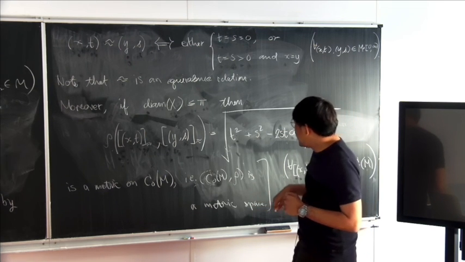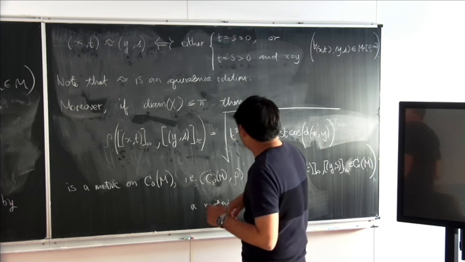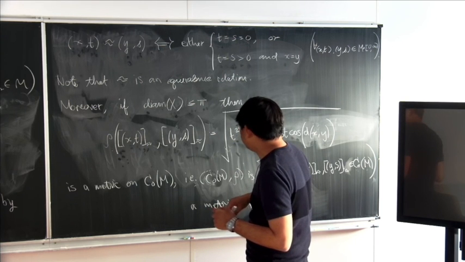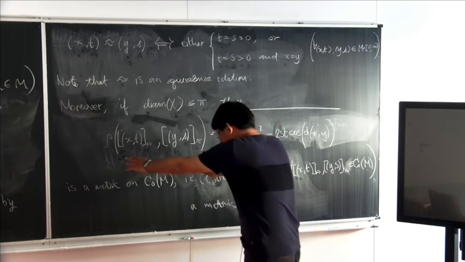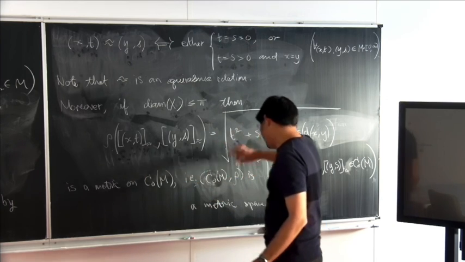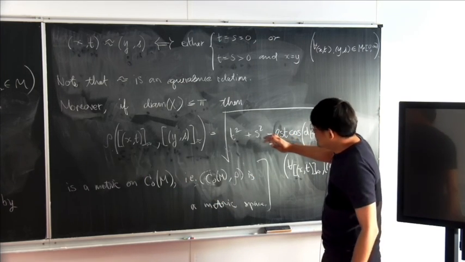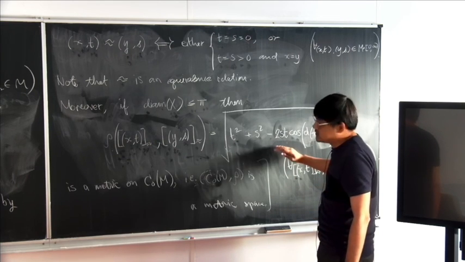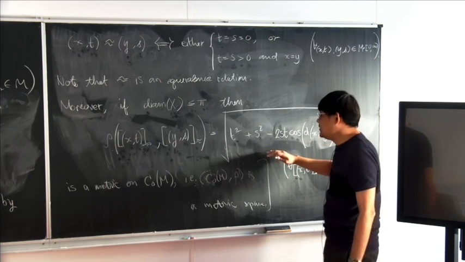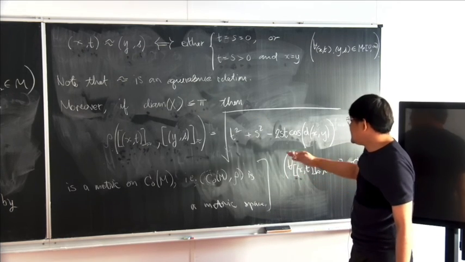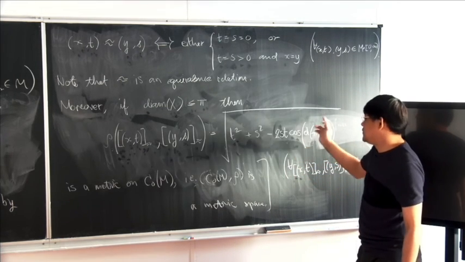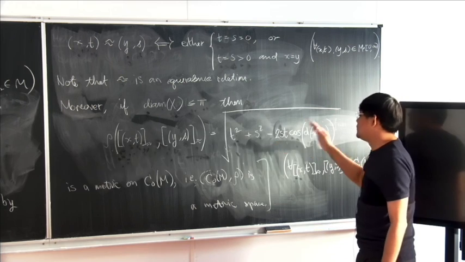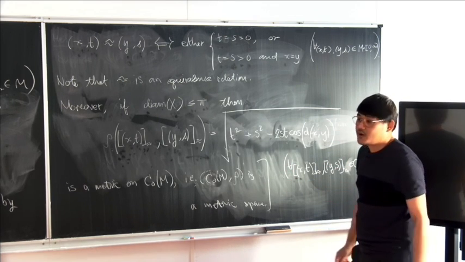And the distance defined with this formula is inspired heavily by the law of cosines. You can see that this is actually the law of cosines, if you square the other side. It's the law of cosines.